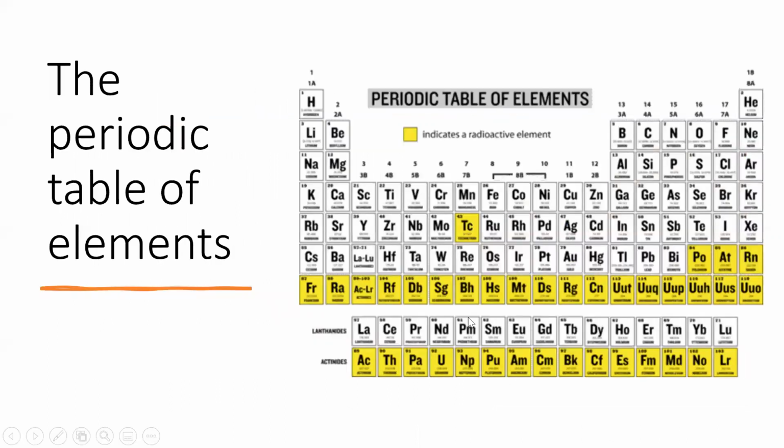When you look at a periodic table, I'm sure everybody has seen a periodic table of elements before, the elements which are shaded in yellow are all radioactive elements. So you can see that many of the elements found in our universe are stable, but there are few which are highly radioactive, whose nucleus is very unstable.